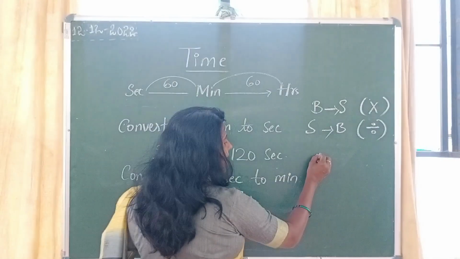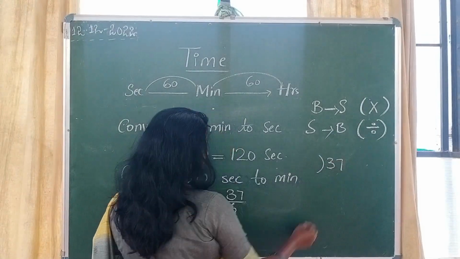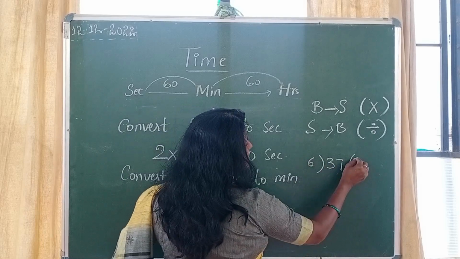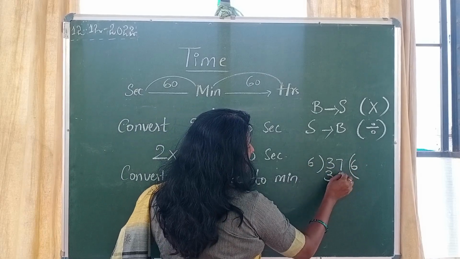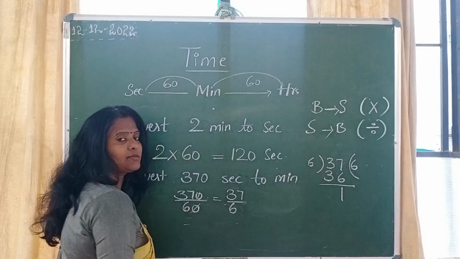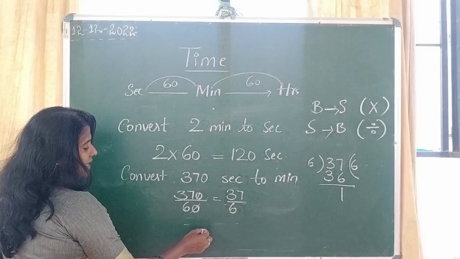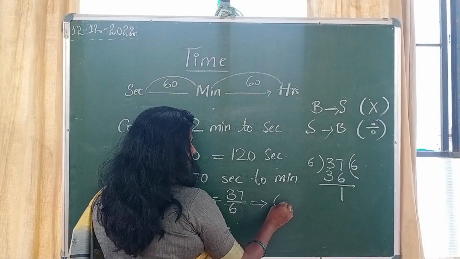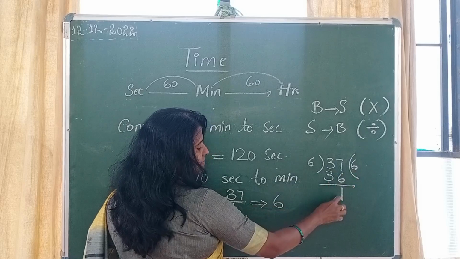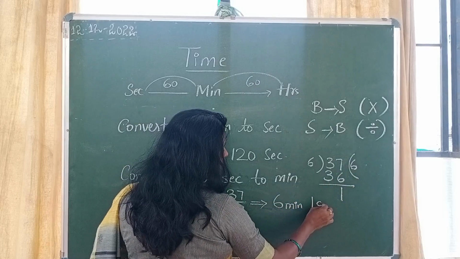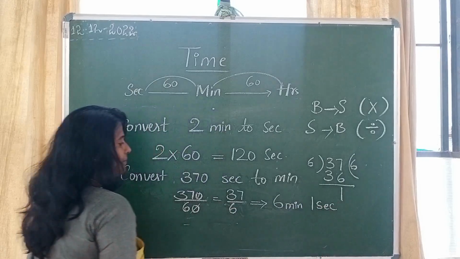Let me divide this by the long division method. 37 by 6. 6 sixes are 36, so 1 remains. So here 6 minutes, 1 second. This is in minutes, but this is in seconds. So 6 minutes, 1 second.